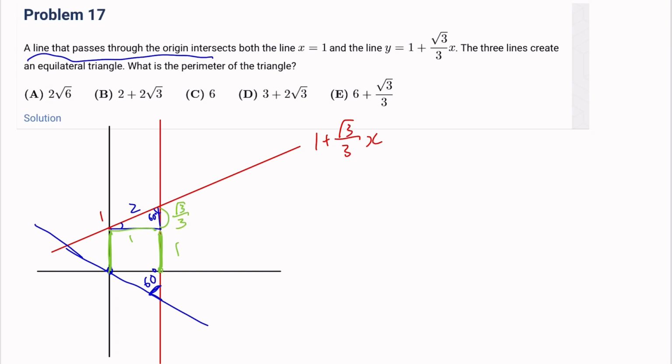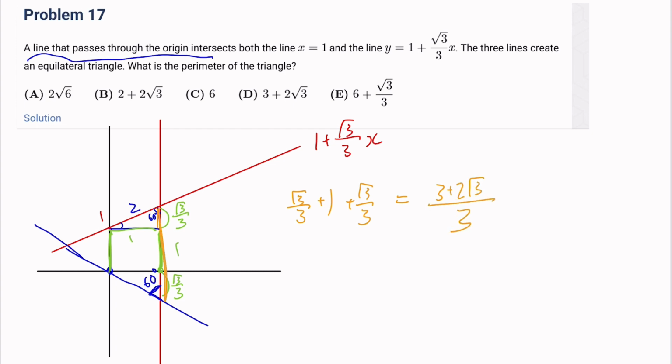And since we can see that this green triangle and this green triangle are congruent, that means this length is root 3 over 3 also. So we have one side length, so this side length we know now: it's root 3 over 3 plus 1 plus root 3 over 3, which is (3 plus 2 root 3) over 3.